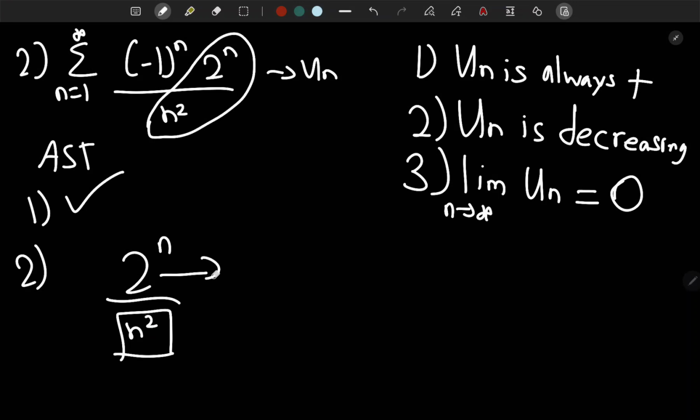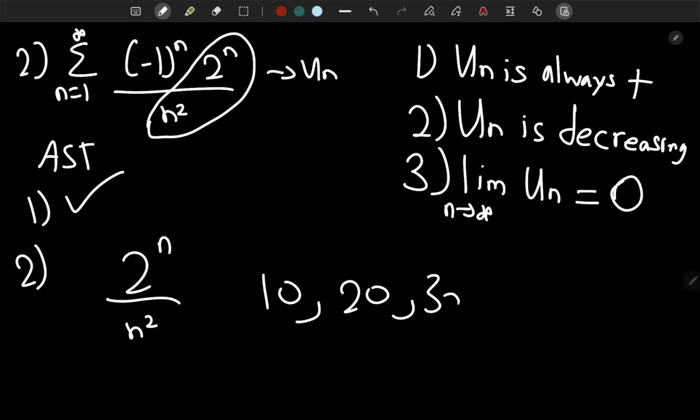So if you just try some numbers, let's say not small numbers actually, so like huge numbers like 10, and then try 20, 30, and you will see that it is definitely increasing. So here the test fails at the second condition.